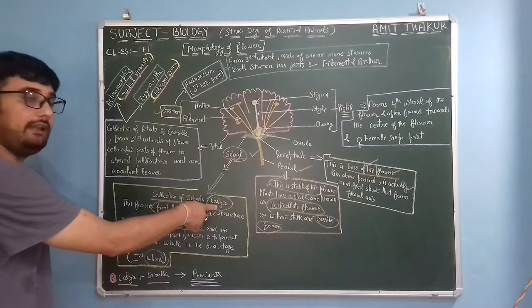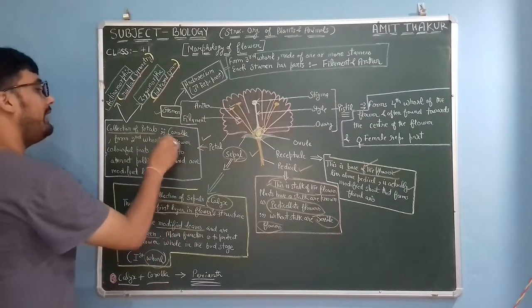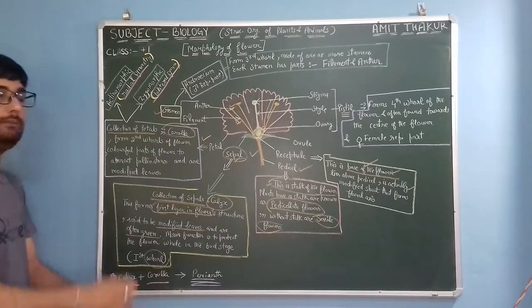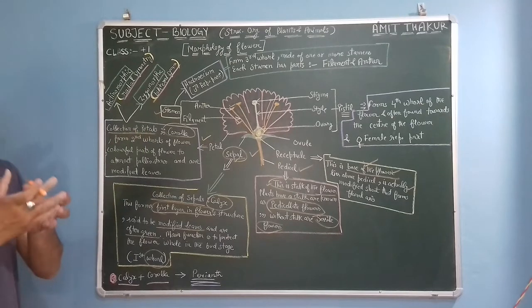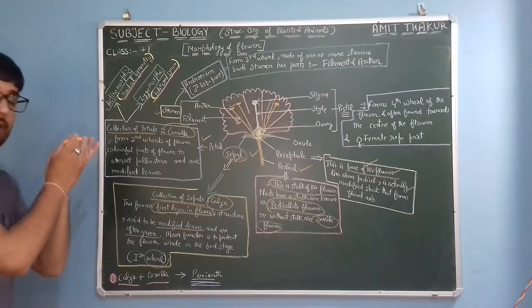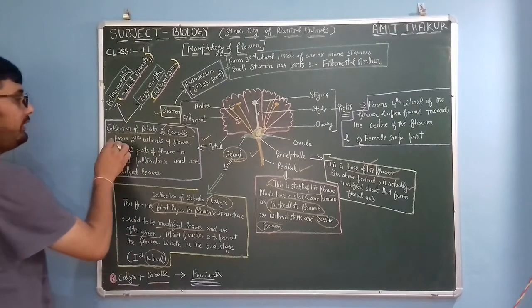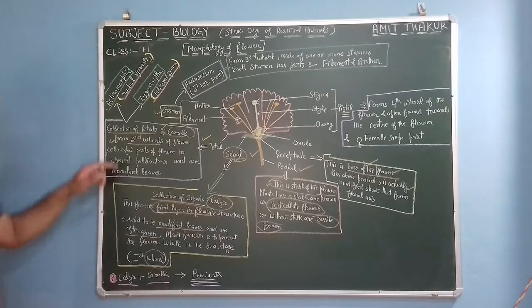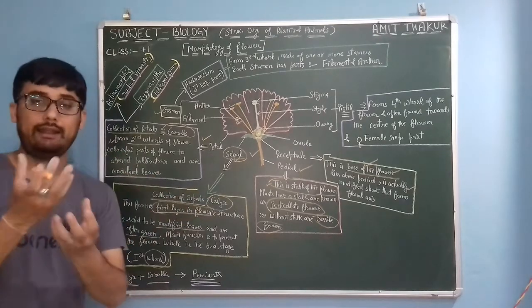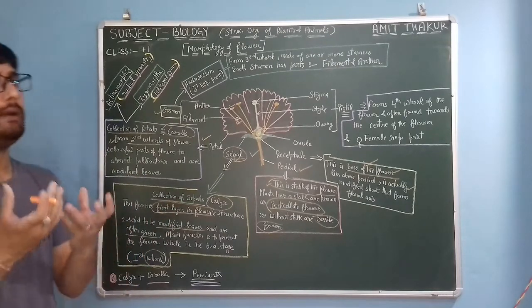Then the first whorl and the first layer of flower is sepal, the collection of sepals is the calyx. Then we have petals. The collection of petals is known as corolla. तो corolla और calyx collective terms हैं, actually given for sepals and petals. So the collection of petals, corolla, forms the second whorl of the flower structure. They are the colorful part of the flower, जो भी आप देखते हैं colorful part, red, yellow, or different colors of flowers, they are petals.